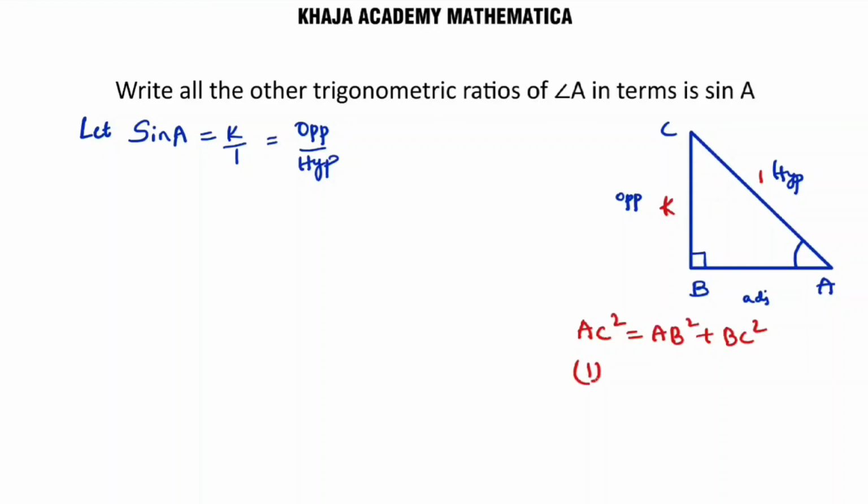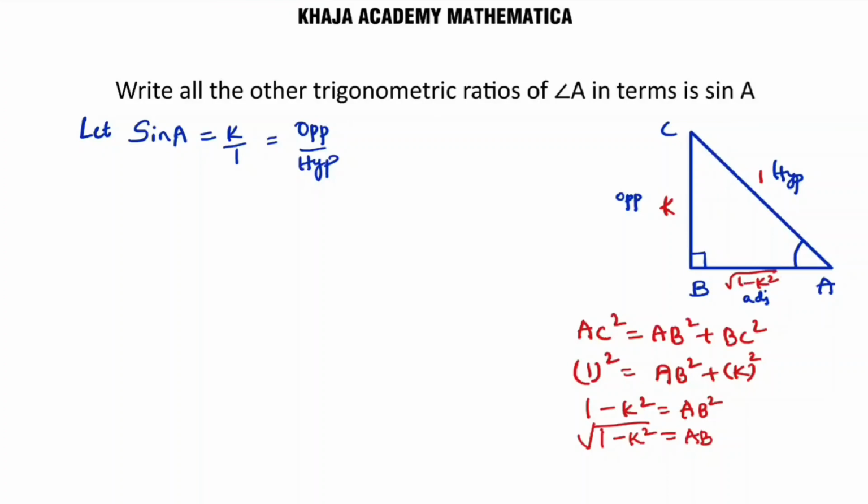So AC is 1, AB I need to find, BC is K, so K square. So 1 minus K square is AB square. Square I'll send to the other side, under root 1 minus K square is AB.